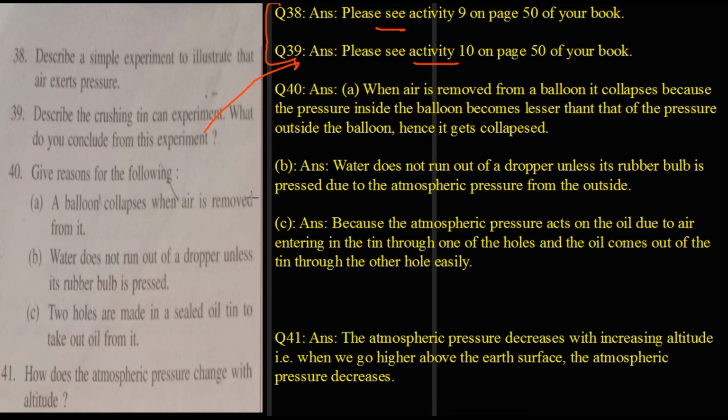Now give reasons for the following is question number 40a. A balloon collapses when air is removed from it because the pressure inside the balloon becomes lesser than the pressure outside the balloon, so it collapses. When pressure inside is less, pressure outside is more, it will collapse.